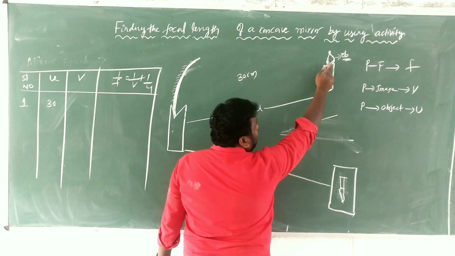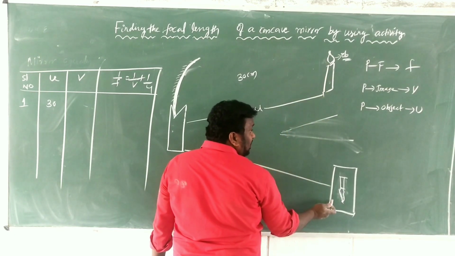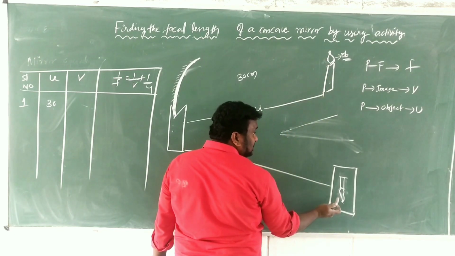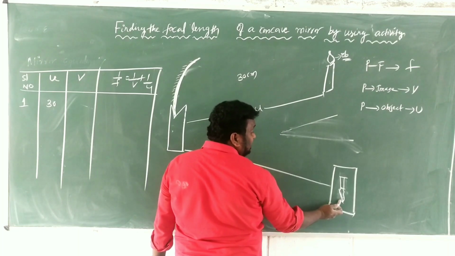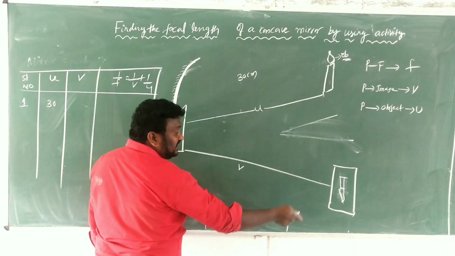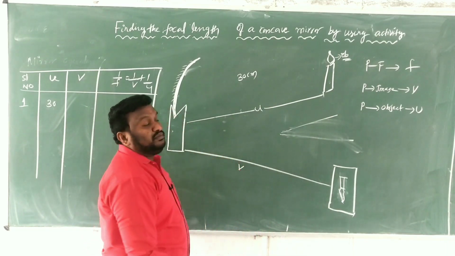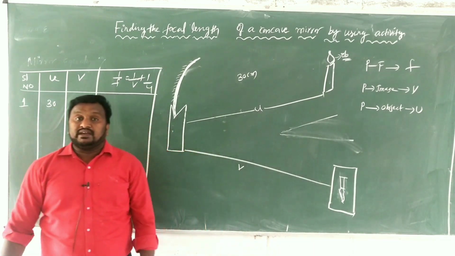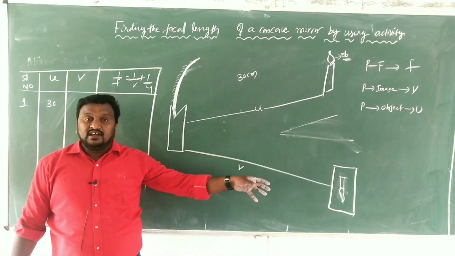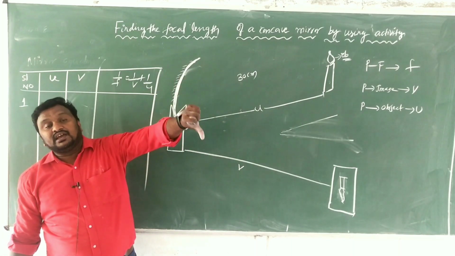The flame here is the object. Now when we obtain the image of the flame on the screen, it seems like this. That is what is inverted. That's why this image is what we call a real image. What is that? Real image. We captured it on the screen, and that is the real image, and the image is inverted.